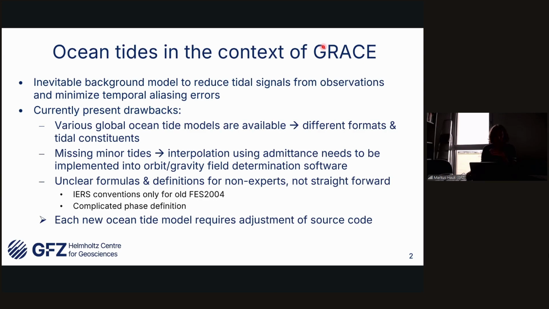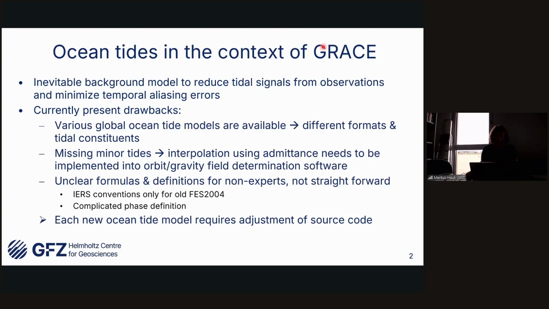So let's start with a little motivation and background for this presentation. Ocean tide models are inevitable background models needed in level 2 gravity field processing. And currently we think, and maybe other groups have the same impression, that there are a few drawbacks.